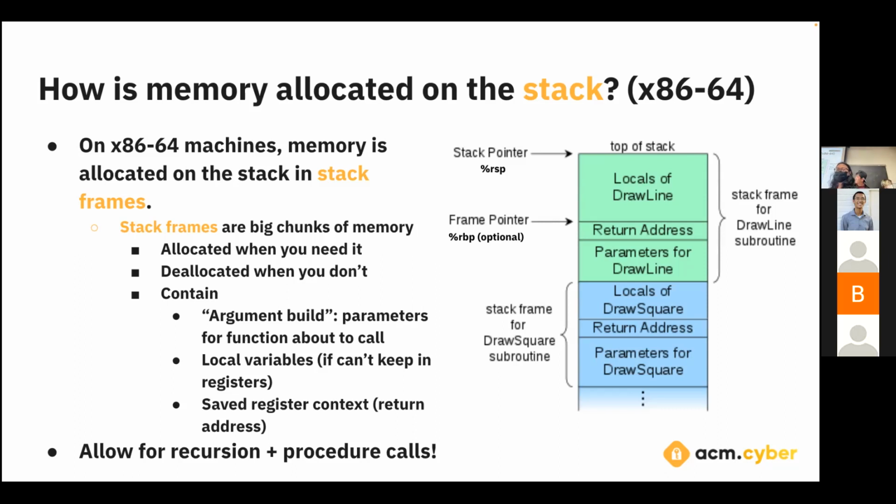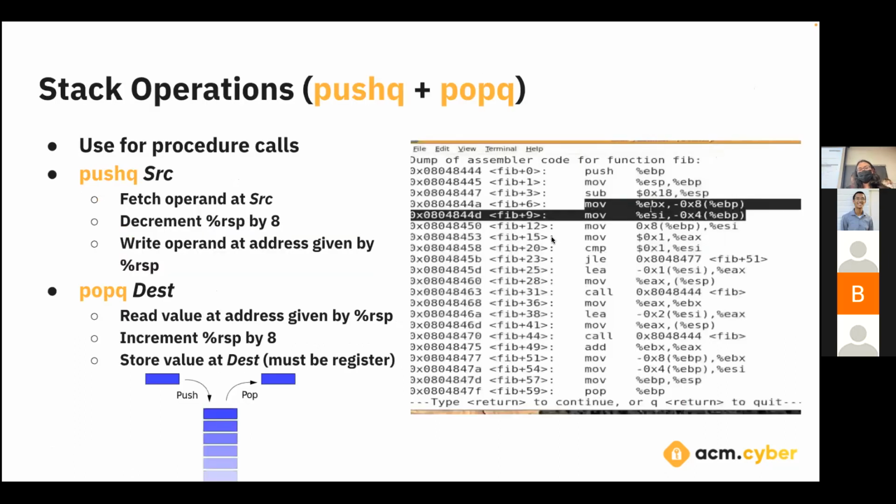And you can go back, returning values to the earliest stack frame. Some operations on the stack are push and pop, which are very much like the data structure. When you push something, it takes the value it's pushing and puts it on the stack, and pop takes off the top element of the stack.